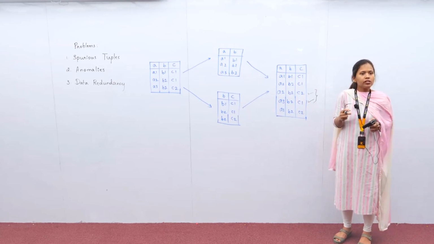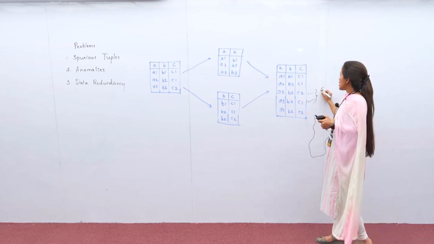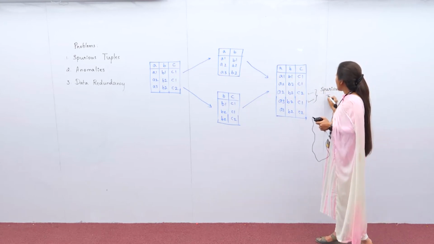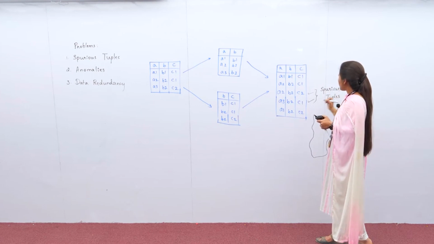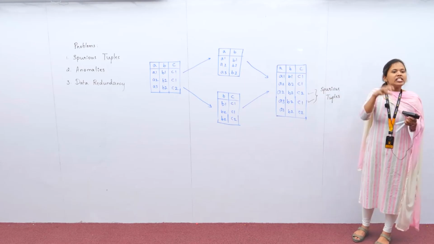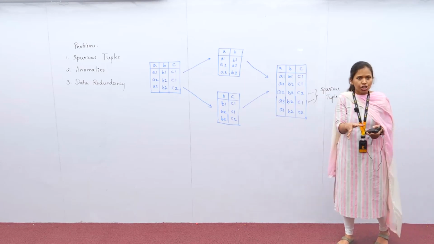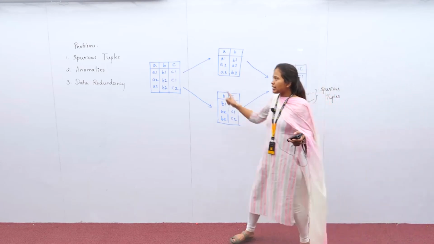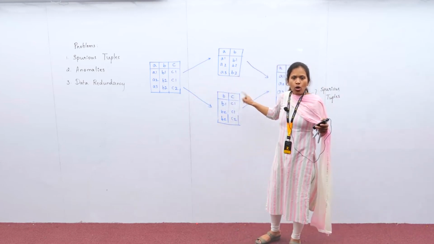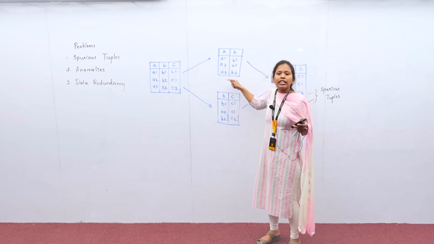So such tuples are called as what? Such tuples are called as spurious tuples. Did everyone get this? So what are spurious tuples? Spurious tuples are such tuples which are not present in the original table but gets generated when the table is decomposed.